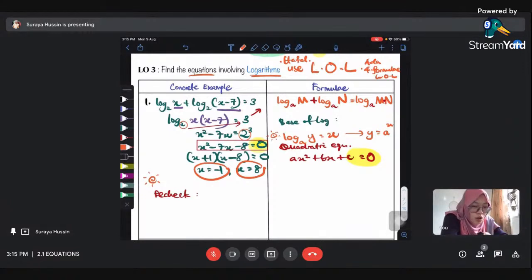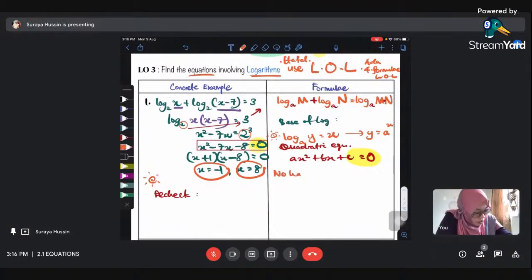Okay, you tak sure langsung pun yang dua-dua jawapan ni diterima. So cara nak sure adalah dengan buatlah recheck. So recheck dekat sini, caranya adalah maybe I put it down here.